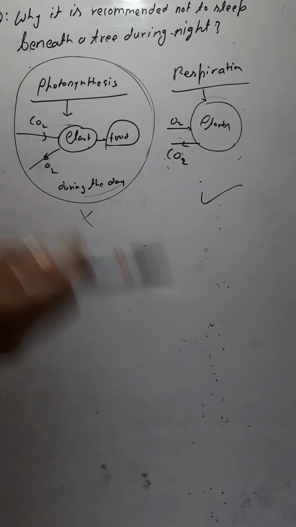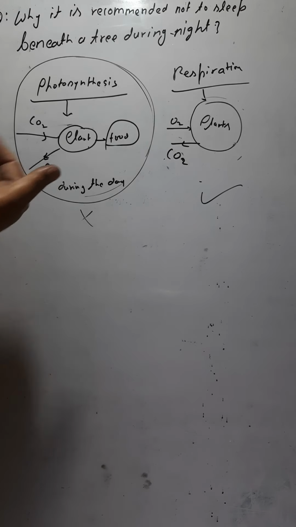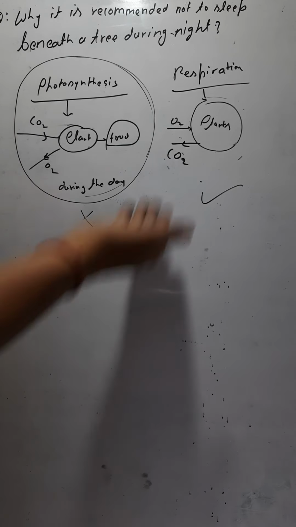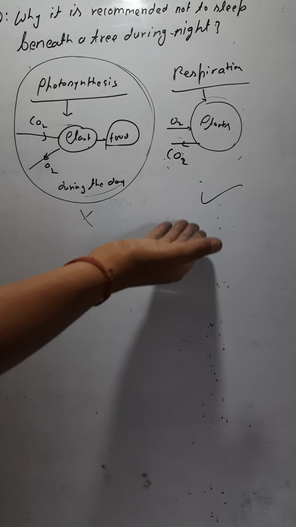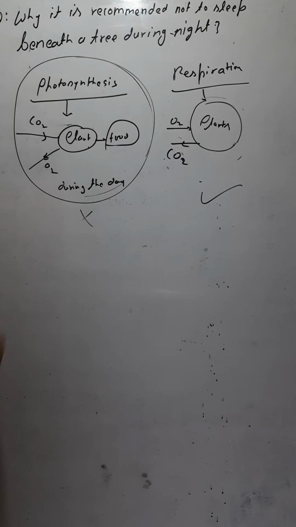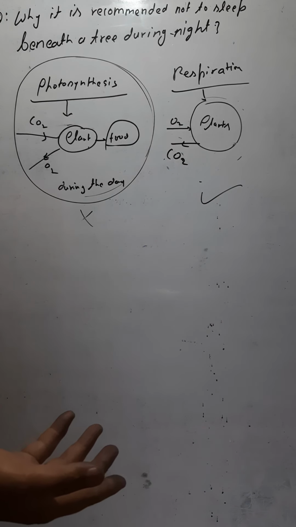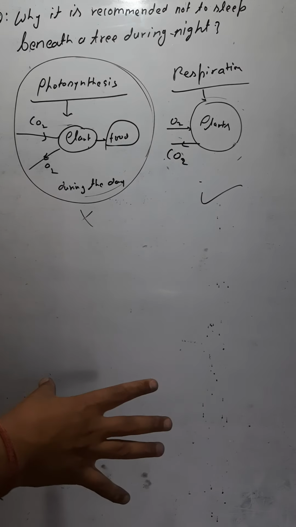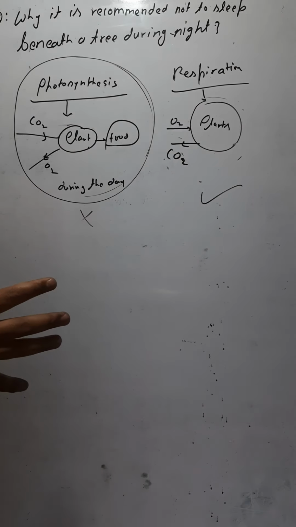Now what happens? Let's say during the day you are sleeping beneath a tree. No problem is there, because during the day the plants are releasing oxygen also. Yes, they are releasing carbon dioxide during the day also, but they are releasing oxygen also. So it is no problem to sleep beneath a tree during the day, because you are getting oxygen there. But if you are sleeping beneath a tree during the night, what would happen?